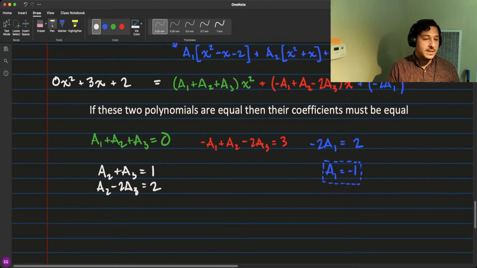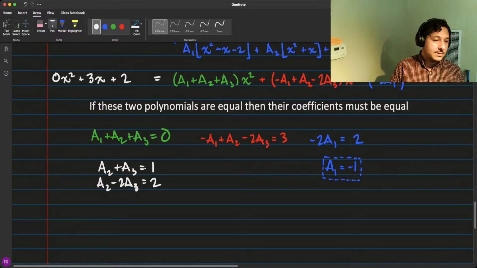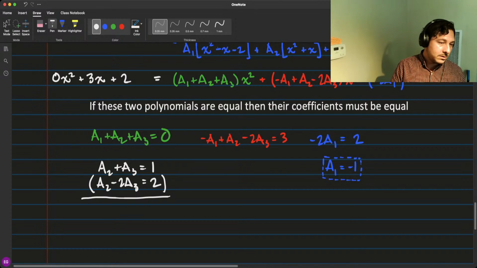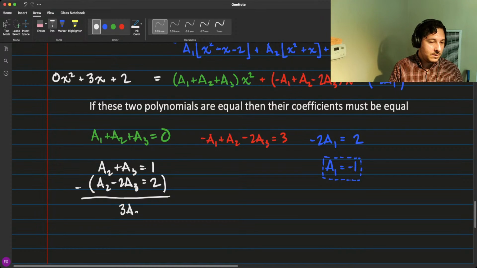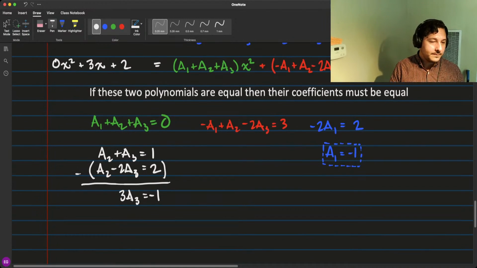Okay, now we can solve this by just subtracting. a2 minus a2, 0. a3 minus negative 2a3 will be a3 plus 2a3, which will be 3a3. 1 minus 2 is negative 1, which means a3 equals negative 1/3.